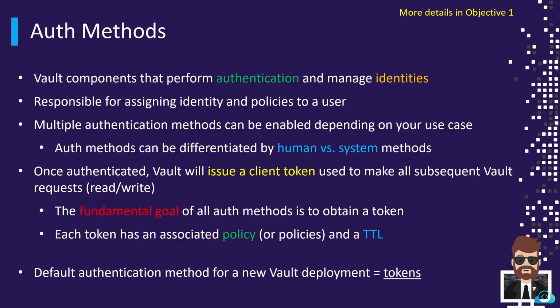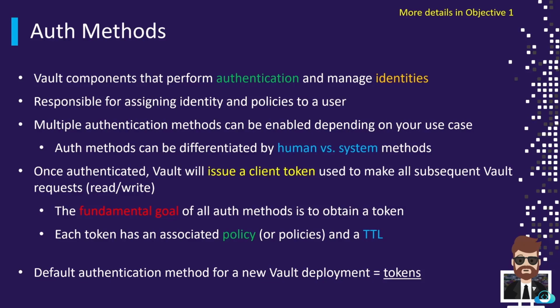So we saw earlier that once we are authenticated, we get a token. That token will have a policy associated with it. And that, again, gives us access to certain paths, kind of like our hotel before, where our key card gets us access to certain amenities. Depending on what the hotel gives you, your token will give you access to certain paths. And those are all based upon the policy that's attached to the token.